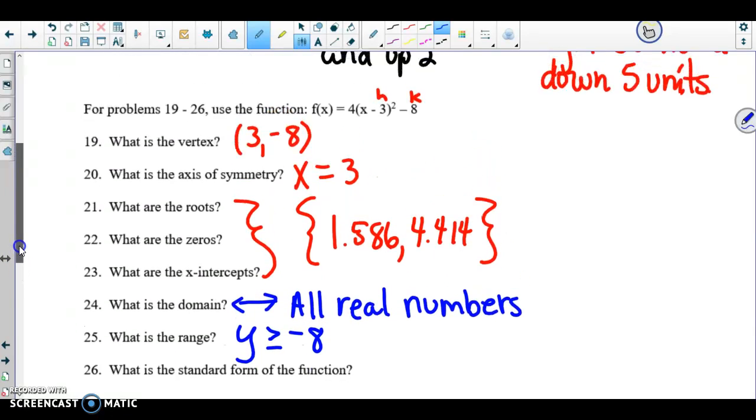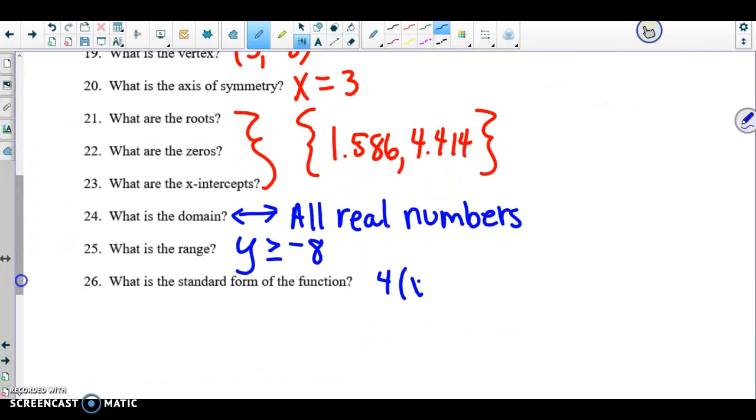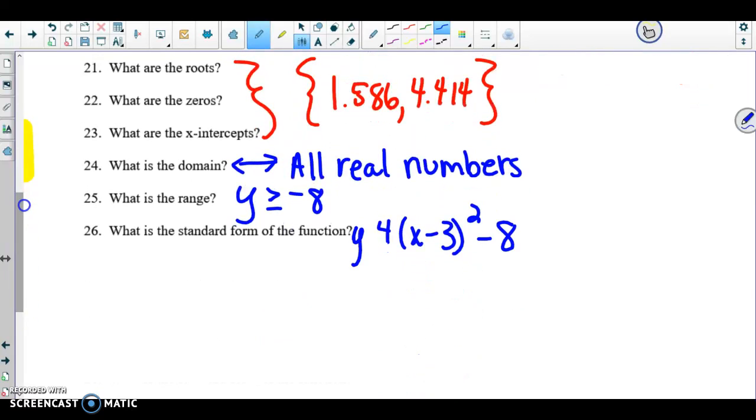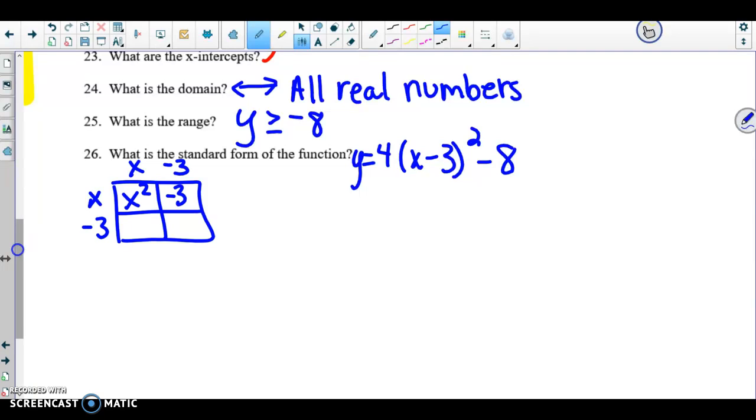What is the standard form of the function? So here's what I have. I have the 4 and then x minus 3 squared, and then we had minus 8. And so if I'm going to put it into standard form, I need to FOIL first. So I'm going to do my x minus 3, x minus 3. So I have x squared minus the 3x here, minus 3x here, and then positive 9 here.